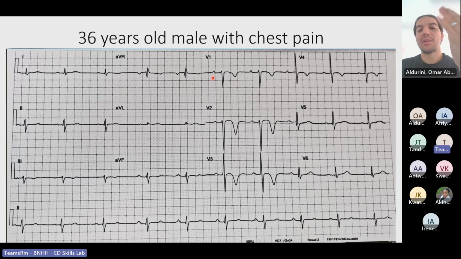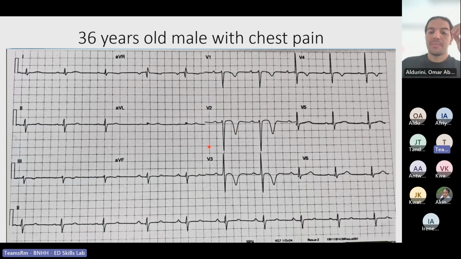If any other leads have the same change, like in this patient, where we have V1, V2, V3, and V4 as well, then this is a significant change that we have to investigate, look after, and treat if needed.